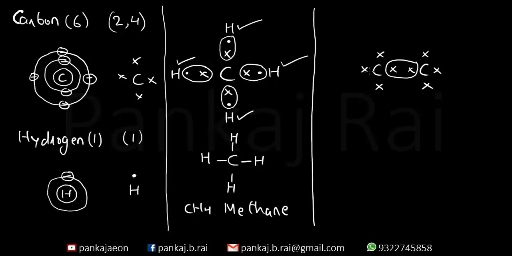This carbon, which was having 4 electrons of its own, is having one more electron which is shared by the second carbon, so it is having 5 electrons. And this carbon, which was having 4 electrons of its own, has one more electron shared by the first carbon, so now it is having 5 electrons. So both the carbons need 3 more electrons to complete their octet.